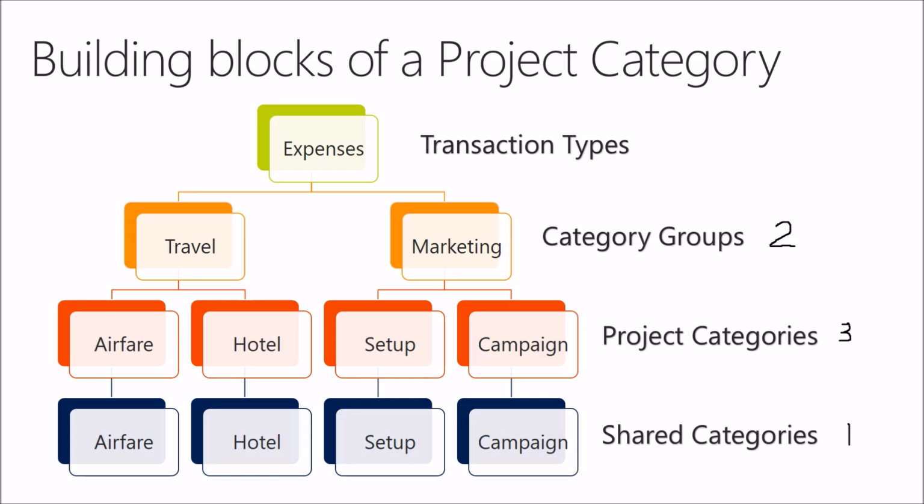So if you think that you're going to be able to create a category called design, and maybe you outsource design work too, you can't have just one category that spans between transaction types. All categories are transaction type specific. All right, let's get in and demonstrate this within the application.